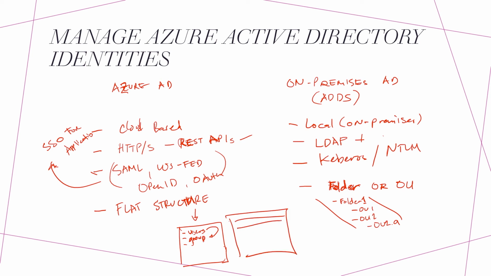So if you search for the group here, let's say group 1, it will just give you the list of all groups with group 1 in the name. Of course, you can nest groups, but it's a different concept from organizational units.